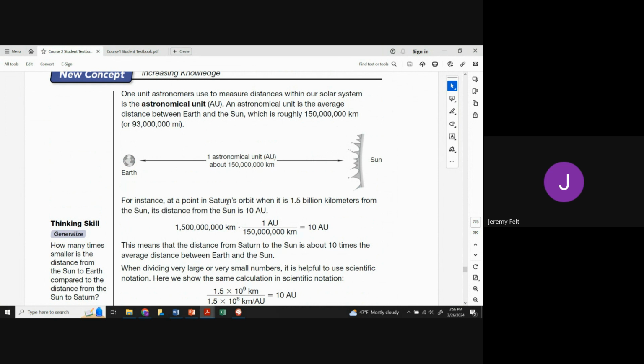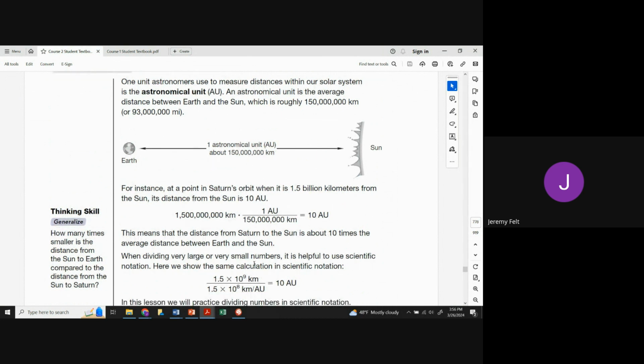For instance, Saturn's orbit is about 1.5 billion kilometers from the Sun. So 1.5 billion kilometers times 1 AU over 150 million kilometers. We cross out a lot of zeros, and 15 divided by 1.5 gives us 10 AU.